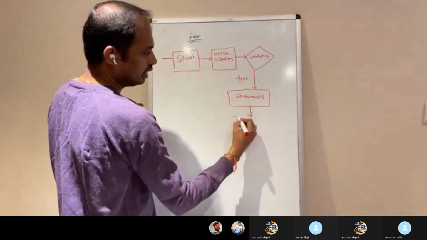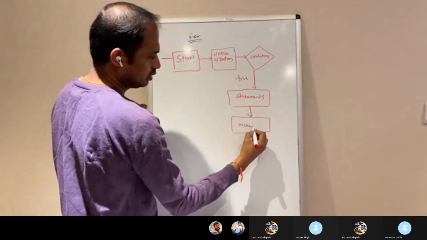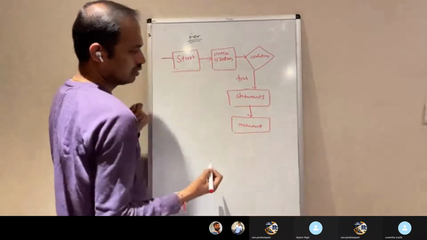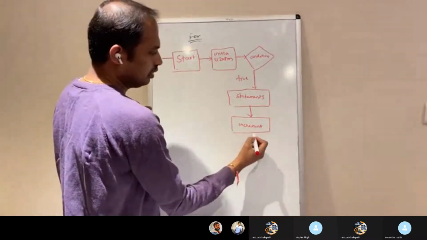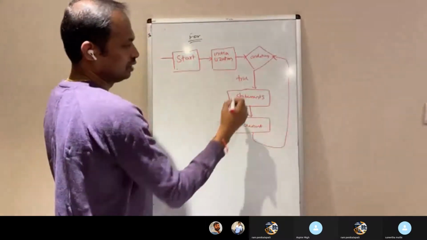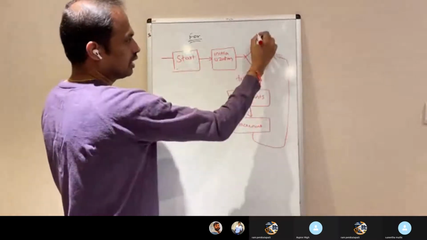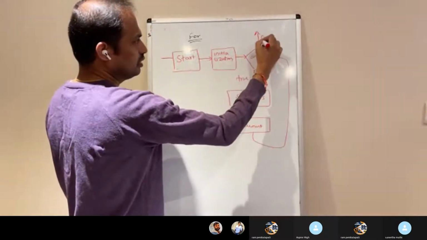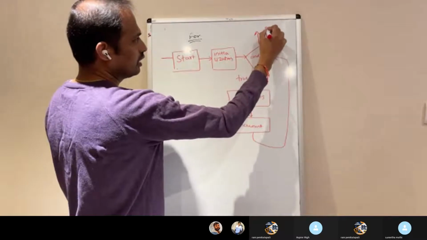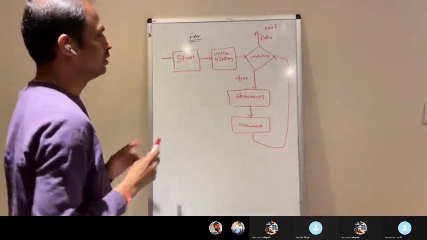Then it will increment. Okay, then it will go and check the condition again. Okay, the condition meets, then it will come here. Else, if the condition is false, then it will exit. Okay, this is the flow.